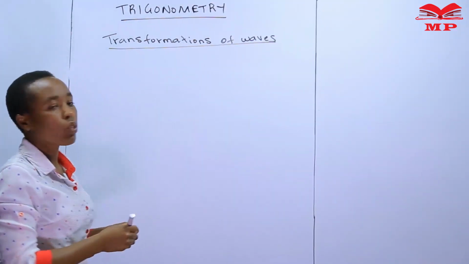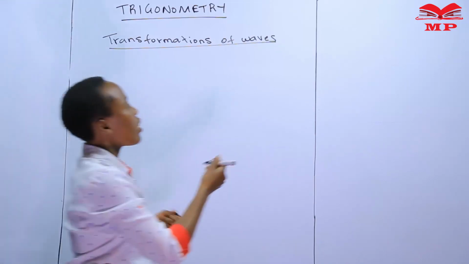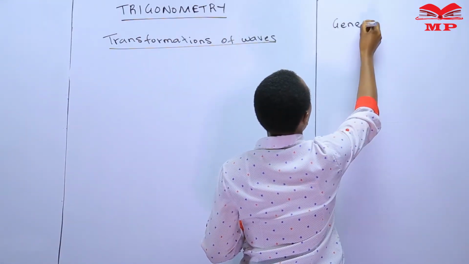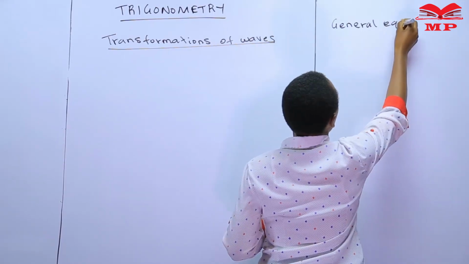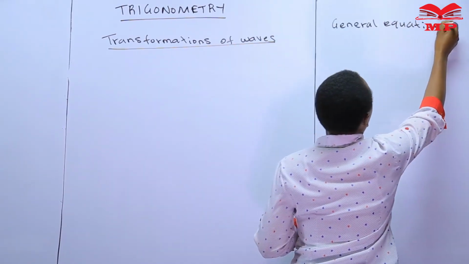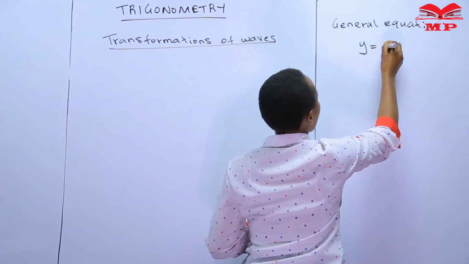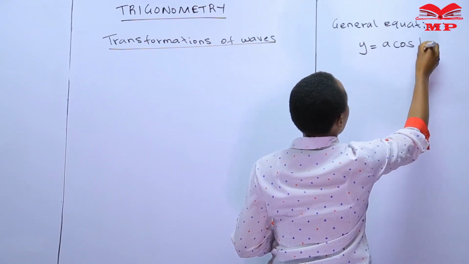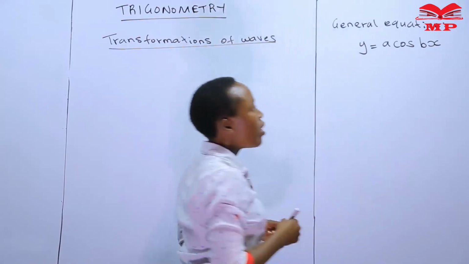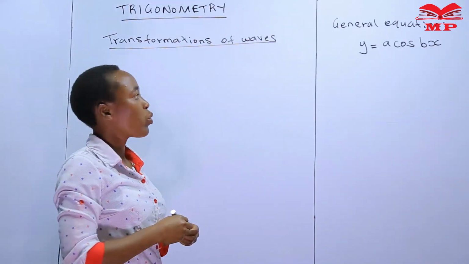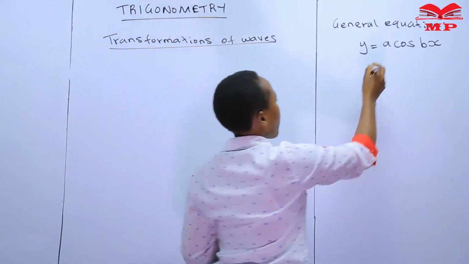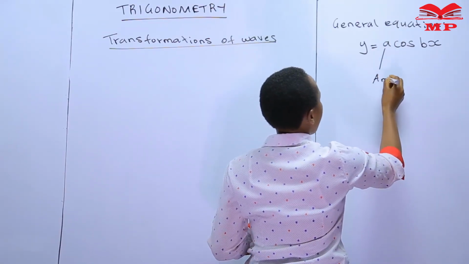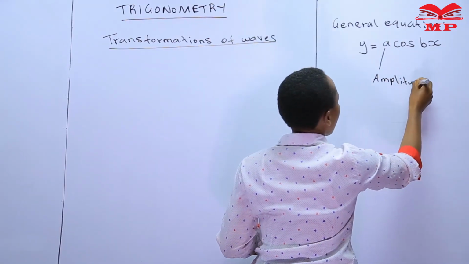we had seen during the previous lesson, that whenever we have a general equation, y is equal to, let's say, a cos bx, and you want to get the amplitude and the period, we say that the amplitude will be given by a. This is our amplitude.